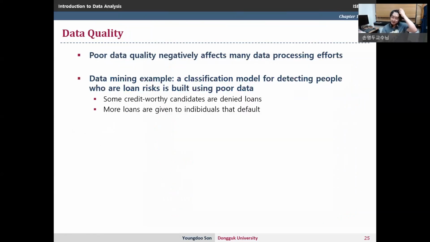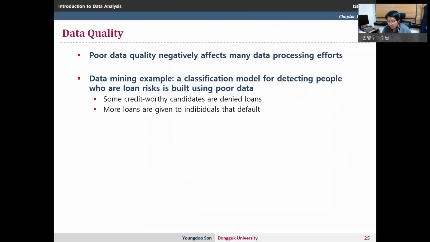Okay, this is the end of the data properties, and the next topic is data quality. Data quality is very important these days because many models or many processes are relying on the data.